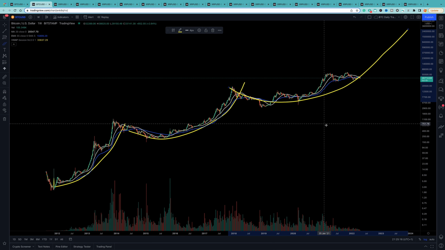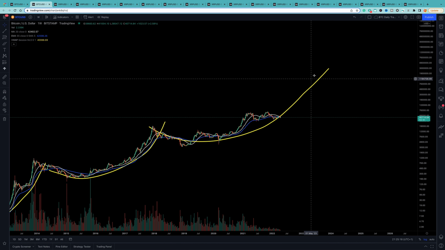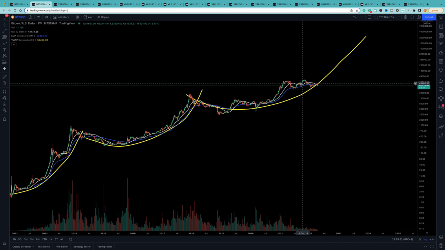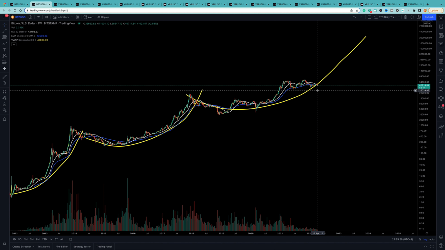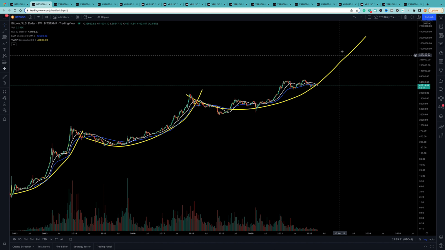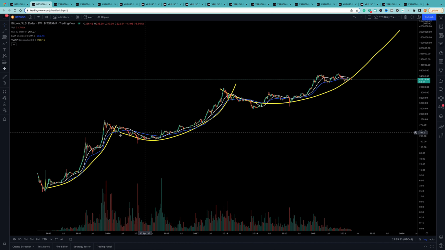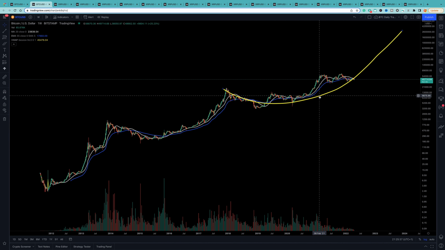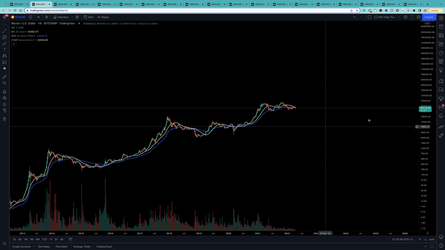It's getting stretched out. So there's a lot more to go in this one, but it's getting stretched out, which means that it has more corrections in it. So it having a correction here before it goes in another parabolic pump would make a bit of sense. And we haven't had one of those big drops in a while.